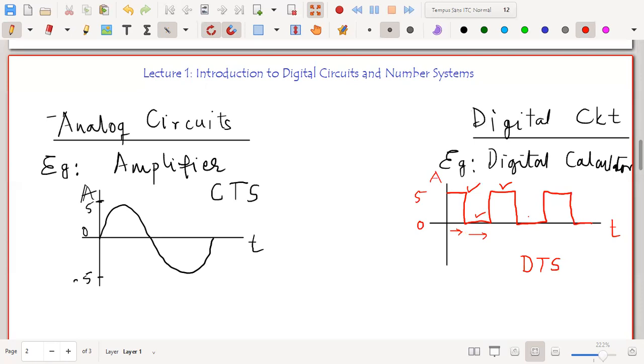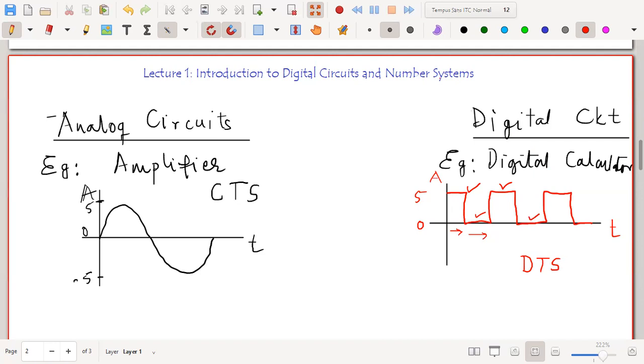So within this specific range from 0 to 5 volt, the discrete time signal has only two values, either 0 volt or 5 volt. Such signals are known as discrete time signals, and the circuits which process these signals are known as digital circuits. I hope this section is clear.